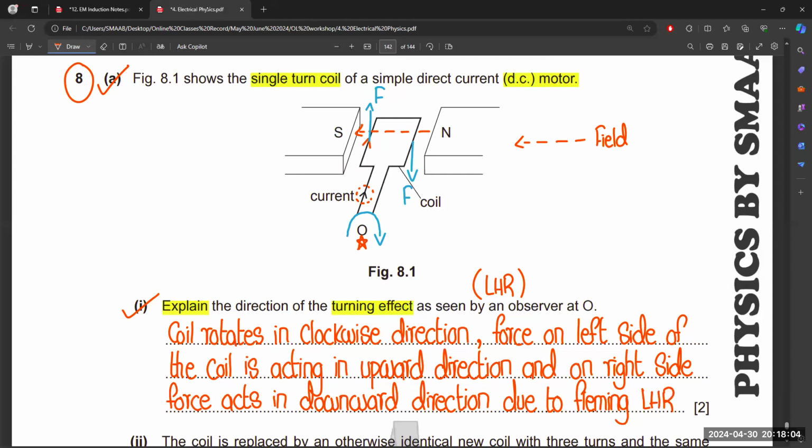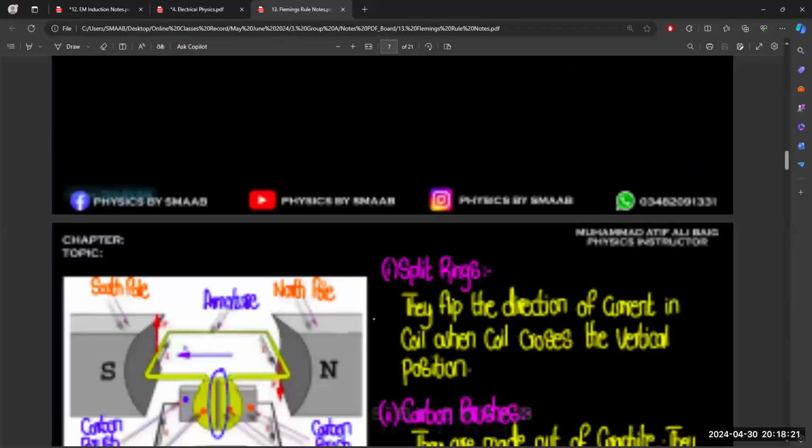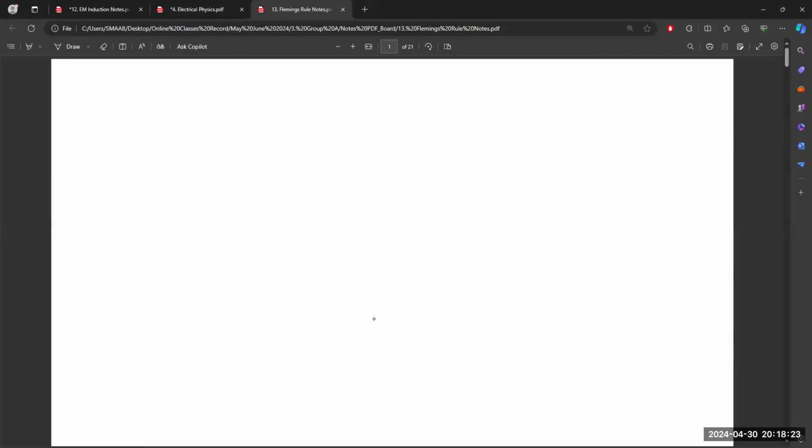Because in right hand rule, let me show you that part. In right hand rule, the direction of induced EMF is not given.